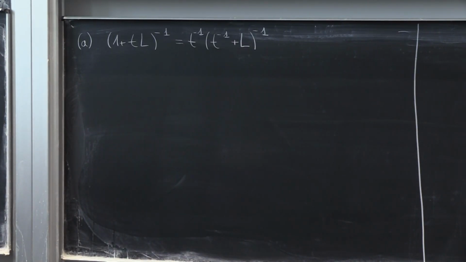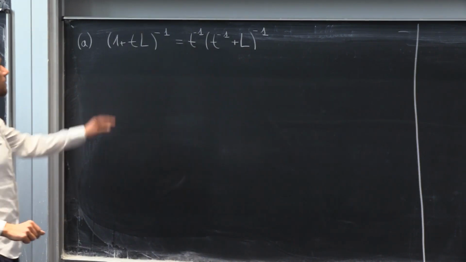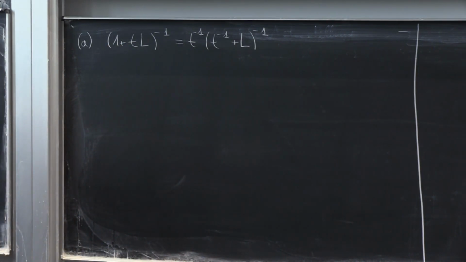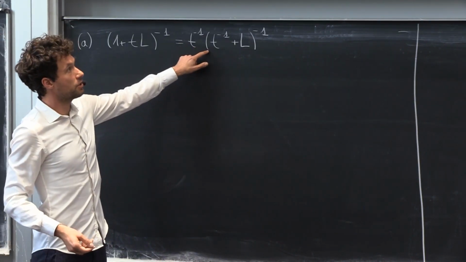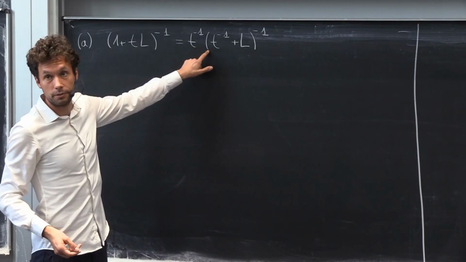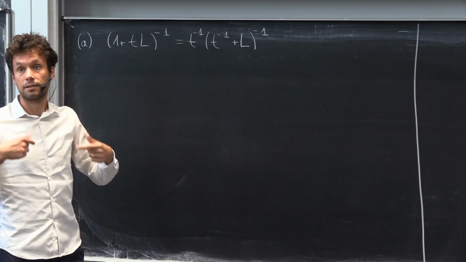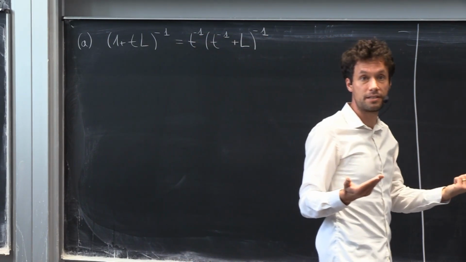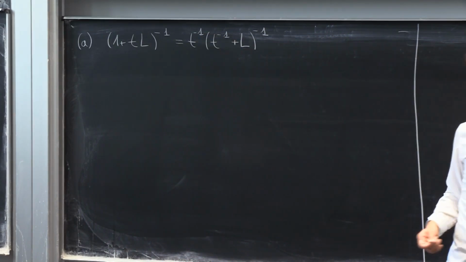Okay? And then you see that indeed these operators are bounded. They're even uniformly bounded with respect to positive T, because this is just the resolvent bound for L at resolvent parameter lambda equal to minus T to the minus 1.